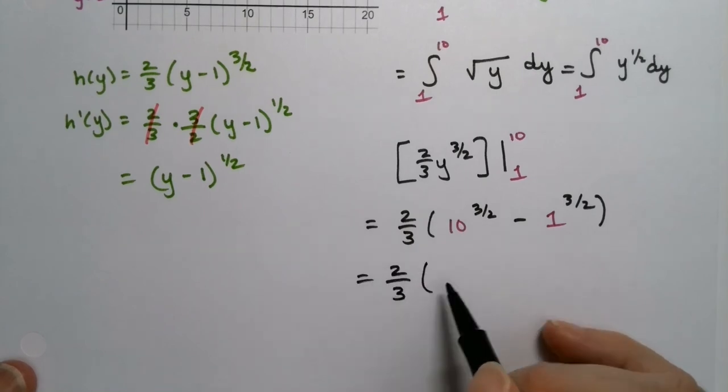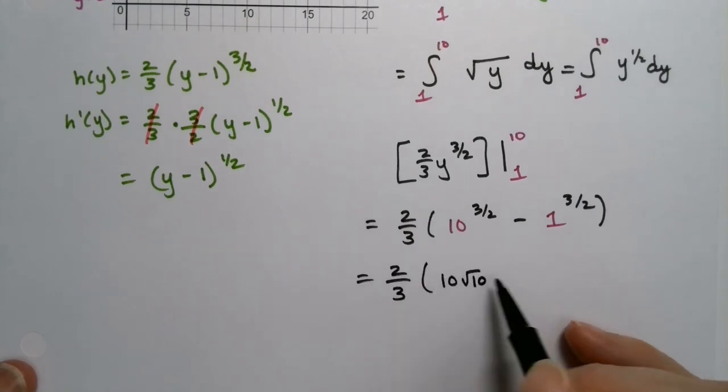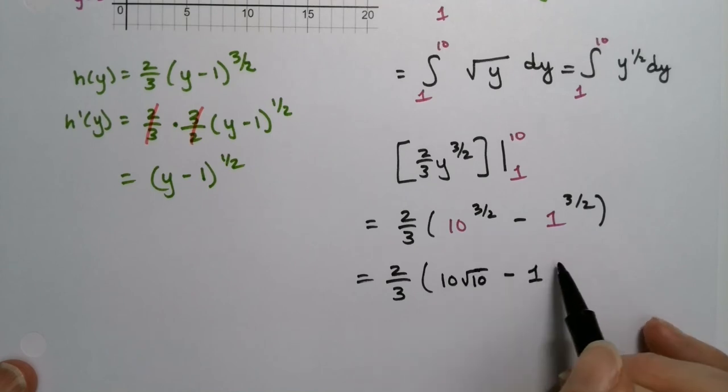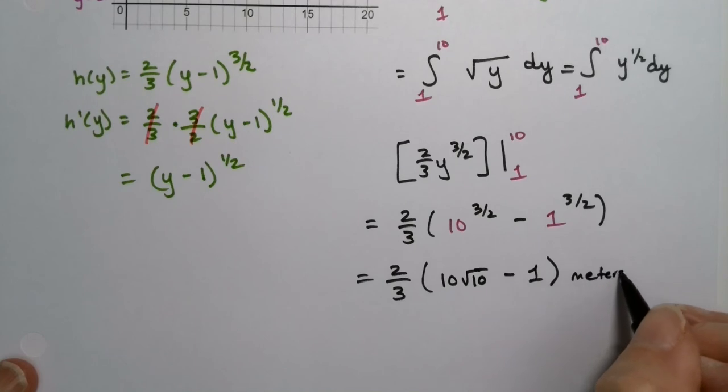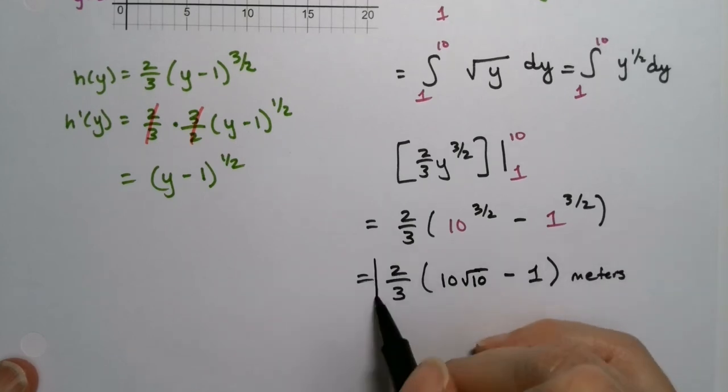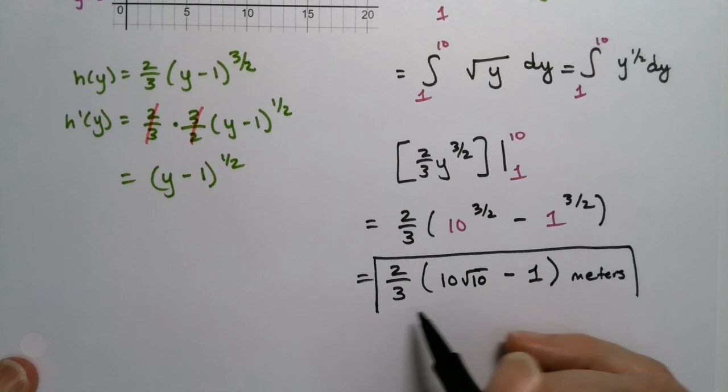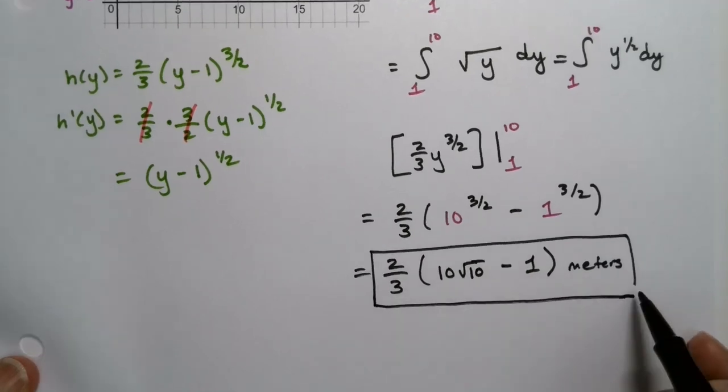So this is 2/3 times (10 square root of 10 minus 1), because 1 to the 3/2 is 1. And that would be meters, because this is arc length. It's the single dimension. It's literally the length along that piece of curve, if I could stretch it and make it flat.